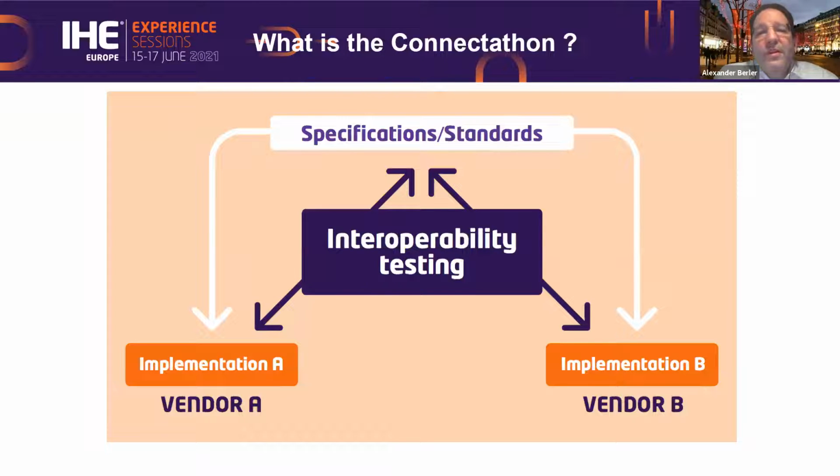Now, trying to differentiate the projectathons, it's good to remember what a Connectathon is, because the approach is quite similar. A Connectathon is a peer-to-peer testing event, which means that systems are tested between vendors that are testing themselves for specific actors and transactions that are described in the IHE profiles.